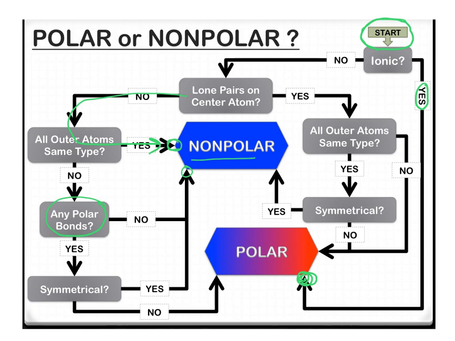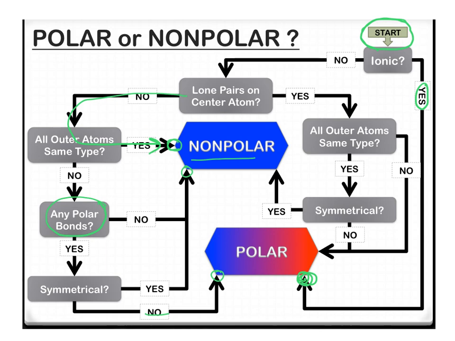And again, this is where it starts to get tricky. Are they symmetrical or not? Because we have to have that 3D sense of symmetry. Generally speaking, you want to say, is there something equal and opposite of it? So if it's symmetrical, then it should be nonpolar. If it's not symmetrical, it should be polar.